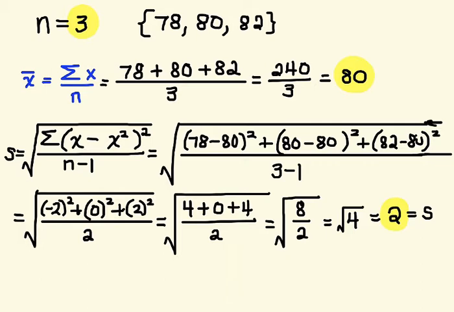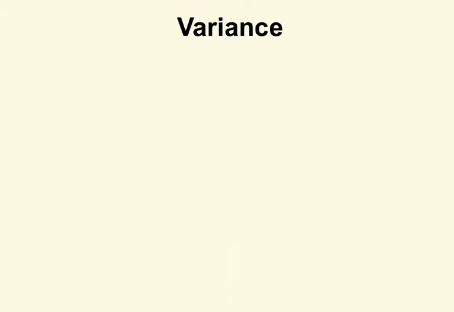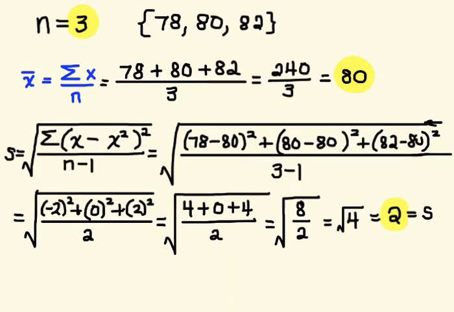Now, let's take a look a little closer. Standard deviation gives us an idea of the spread of our data throughout the range. And there's another indicator of our variation, and that is the variance. Let me go back to standard deviation for a little bit. Let's take a look at the formula for standard deviation. This is the formula for standard deviation.